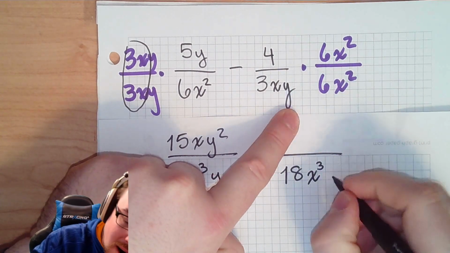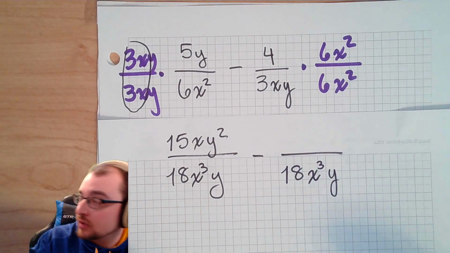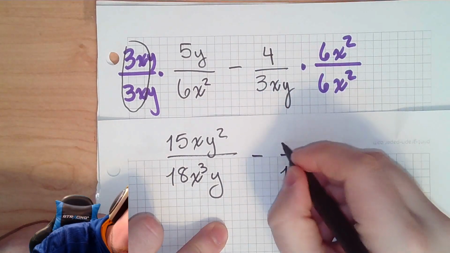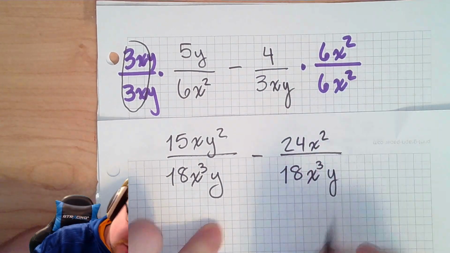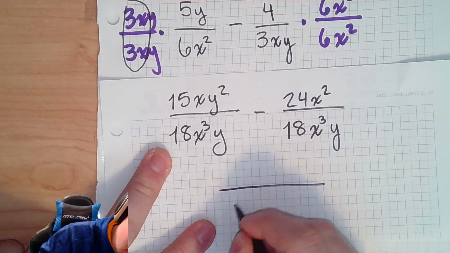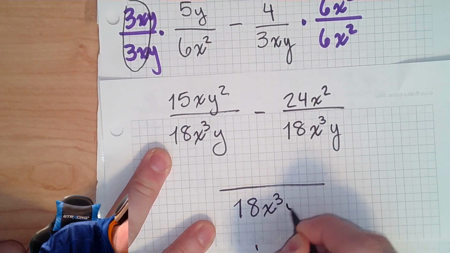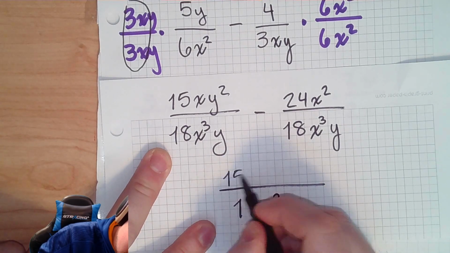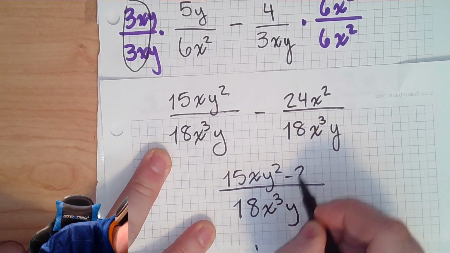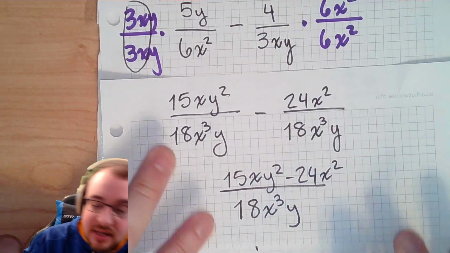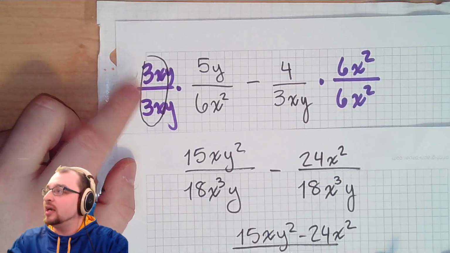X cubed, y. So they'll match, it worked, right? Minus 24x squared. So when I put these together, I'm going to get 18x cubed y, and I'll get 15xy squared minus 24x squared. And remember earlier we said we had extra 3x, right?